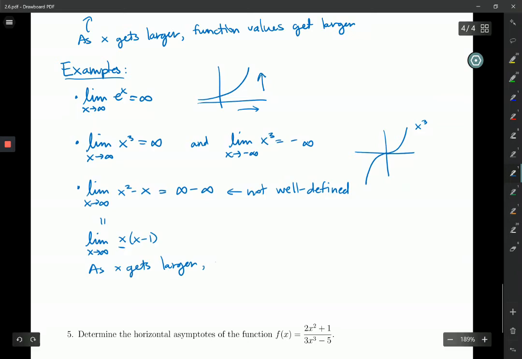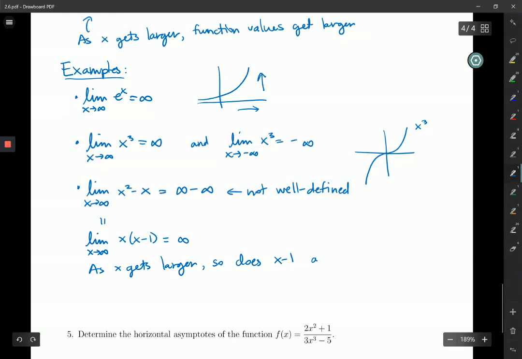So does x minus 1. It's right behind x. It's just 1 less than x. So as we get out to, say, 1,000,000, if we subtract 1 from that, it's basically of the same magnitude. These are both going to get very, very large, and their product is going to get large. Therefore, this will actually be equal to infinity.